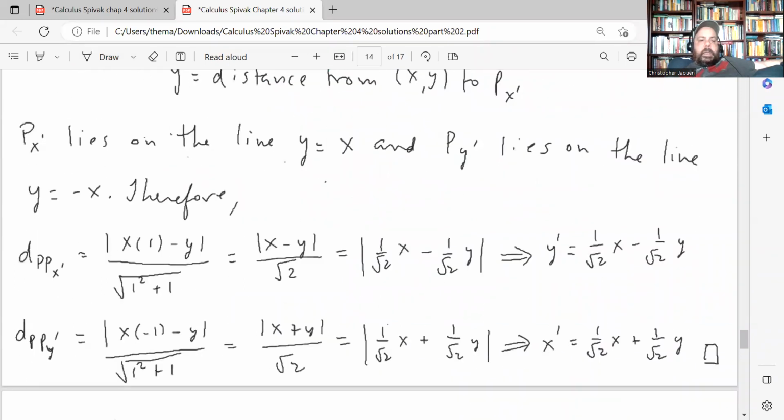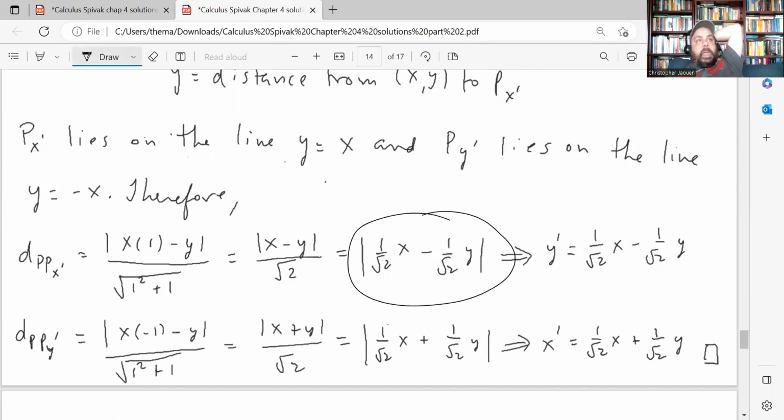Plugging in, we get that the distance from P to Px prime is the absolute value of x times the slope of the line y = x, which is 1, minus y, divided by the square root of the slope squared plus 1. The slope is 1, so you get 1 squared plus 1 under the square root. When you simplify everything, that's equal to the absolute value of 1 over radical 2 times x minus 1 over radical 2 times y.